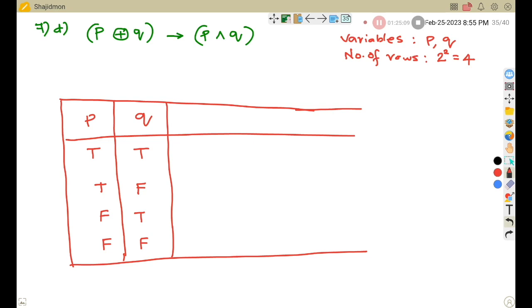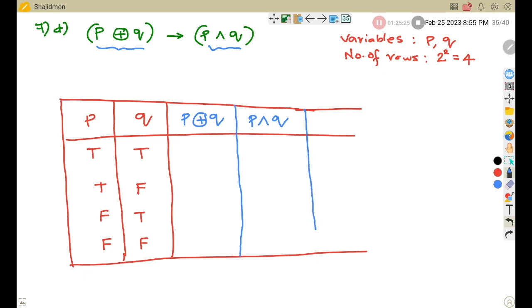Now we will go to the table one by one. So first we need to do the first bracket, that means P XOR operation Q. After that we will do the second bracket, P and Q. After that we will do the total operation, P XOR Q implies P and Q here, correct?